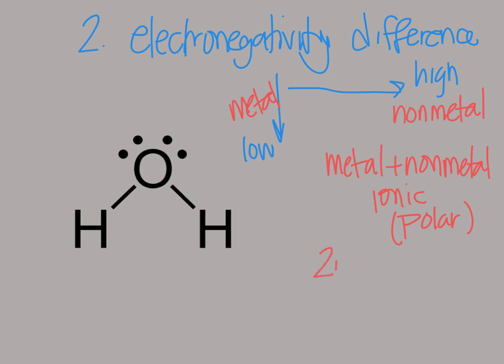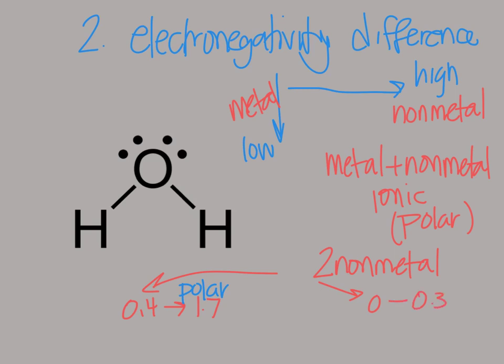When you have two nonmetals, you will have the potential for a polar or a nonpolar molecule. If your electronegativities are pretty different, in the magnitude of 0.4 up to 1.7, these would be polar. If your electronegativities are between 0 and 0.3, these are nonpolar.